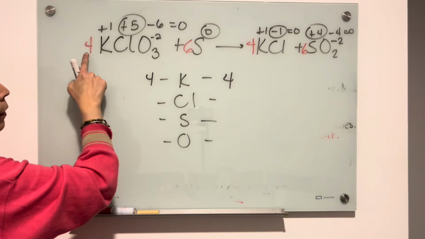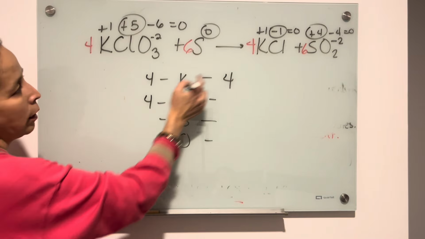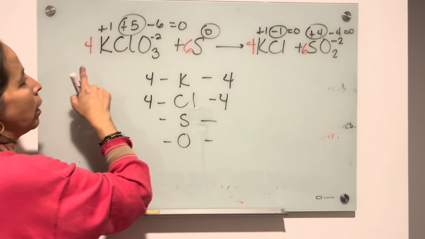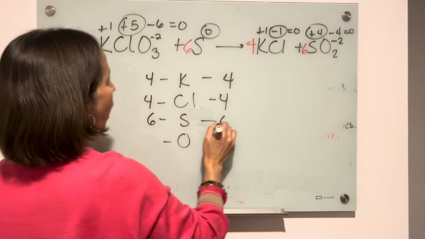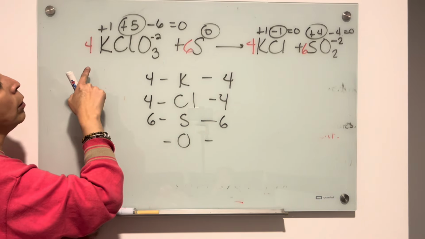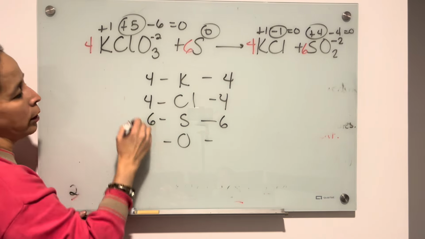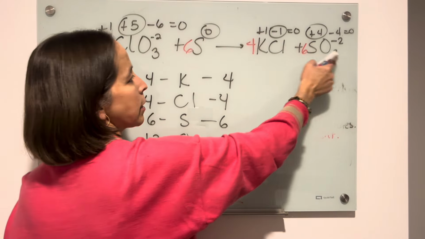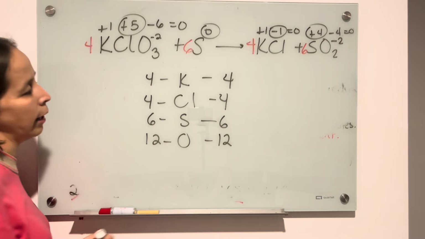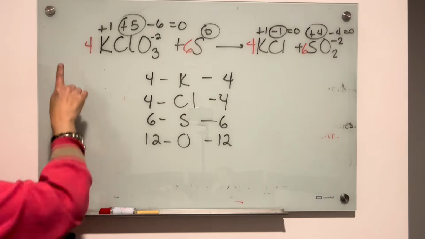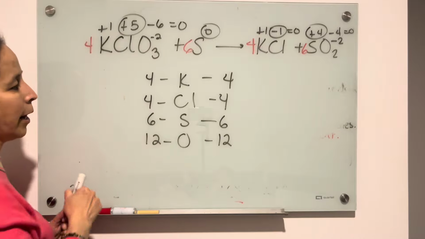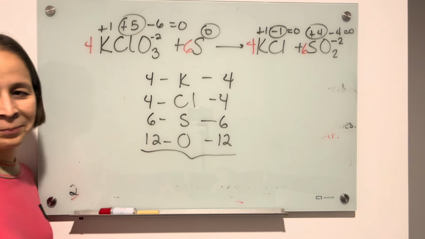In this case we have 4 chlorine and 4 chlorine. Sulfur we have 6 here and 6 here. And oxygens we are going to multiply 4 times 3, we have 12, and here 6 times 2, 12. So we see that after making the redox balancing, we have all the elements balanced. Thank you very much.